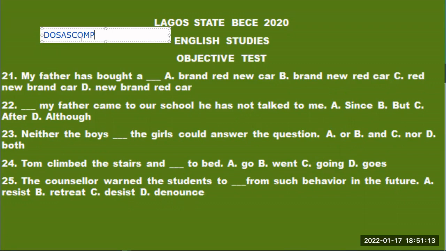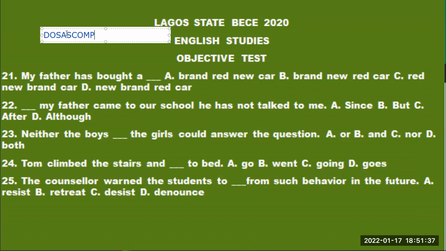When you have origin, like Italian or Chinese something. Then you have material, it's made of cotton or leather. Then you have purpose, like a dining table, a washing machine, a cooking pot and all that. So this is the order of adjectives.